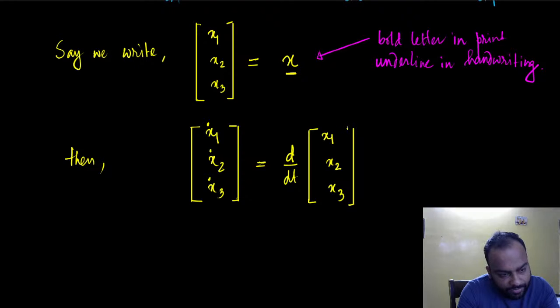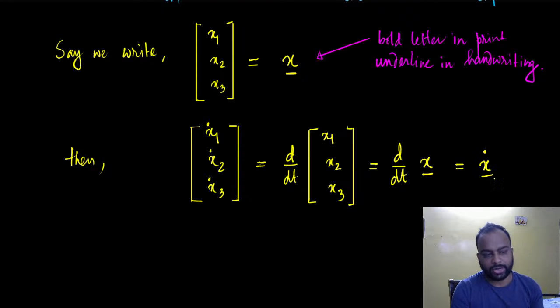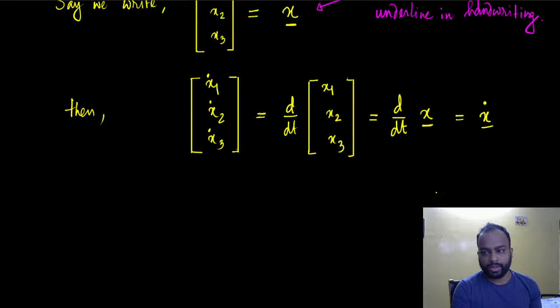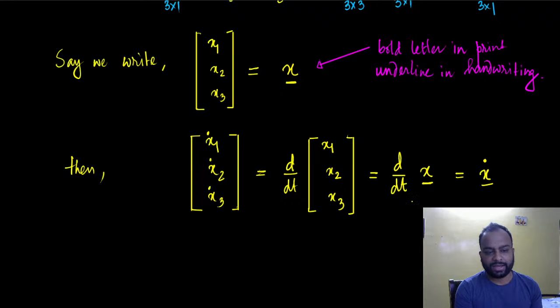So essentially this is the first order time derivative of this vector x, and that can be simply written as x vector with a dot. So this is now a vector. The x vector is the vector of x1, x2 and x3, so the derivative of that vector is this.